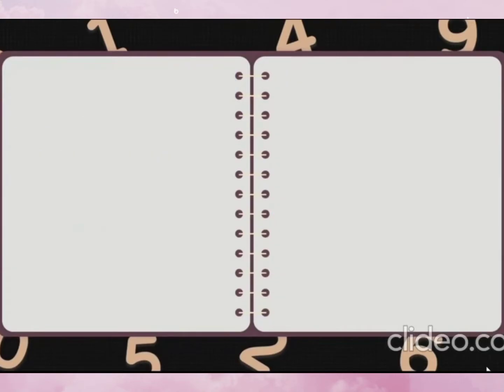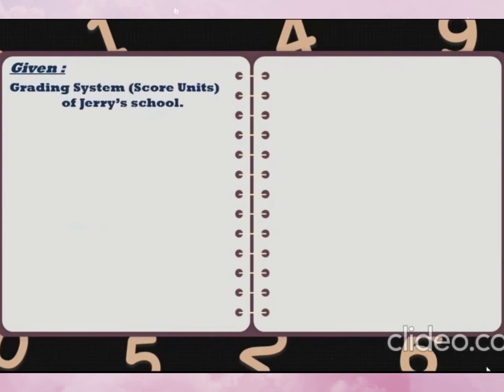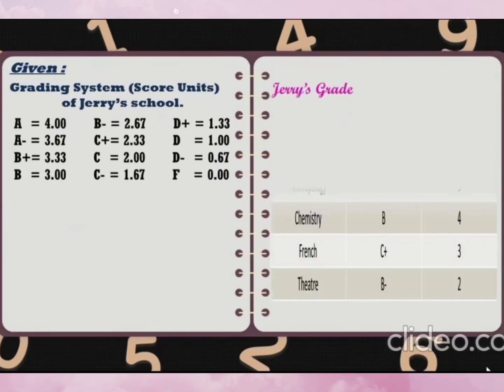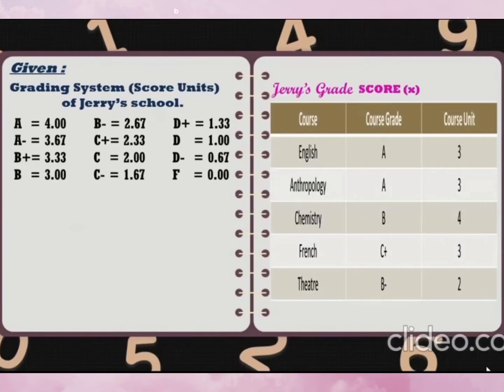Now let's enumerate our given and let's find the solution. Our first given is the grading system implemented in Jerry's school. So we have this. And then we have Jerry's grades, as his score or grades will be our given X, and the weights, which are his course units, will be our given W. For our solution, let's convert Jerry's grades into numerical form, so we could start the computation.